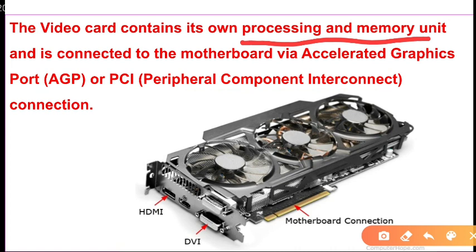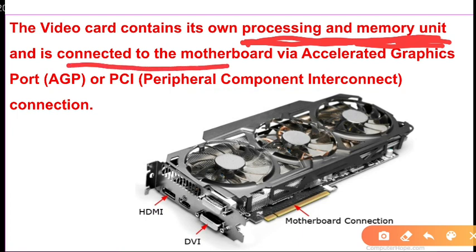That means some video cards which are very costly contain their own CPU inside them. That's why they are very expensive. The computer has its own CPU and memory unit, but some very expensive video cards have their own CPU and memory unit.